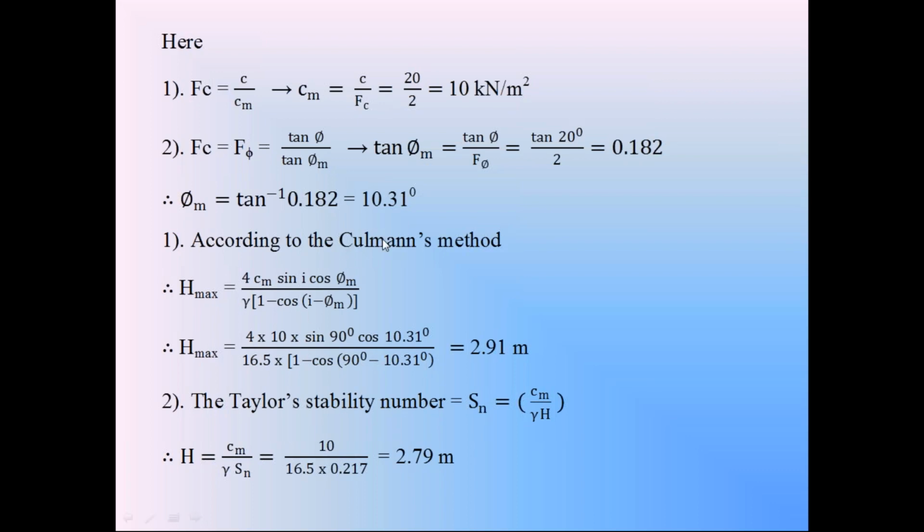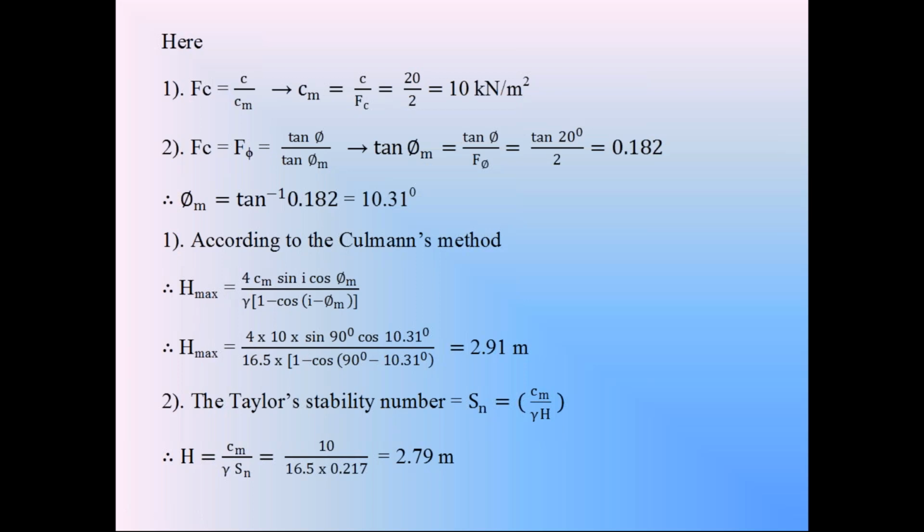In this problem, we are asked to find out the maximum height of the vertical cut. Already in Culmann's method, 3 classes I explained the Culmann's method in the theory. Important. In that Culmann's method, I discussed this derivation of maximum height of soil slope.